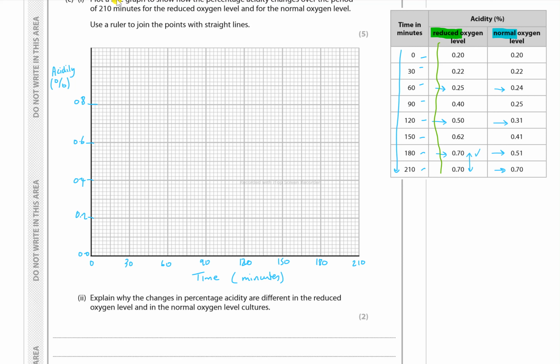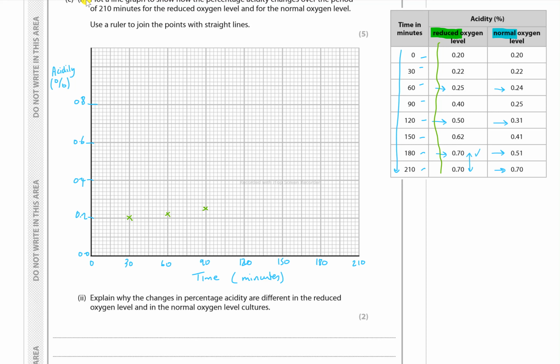So at 30 it's 0.2, then 0.22. That's 0.25, so you've got to be careful, you're within half a square.